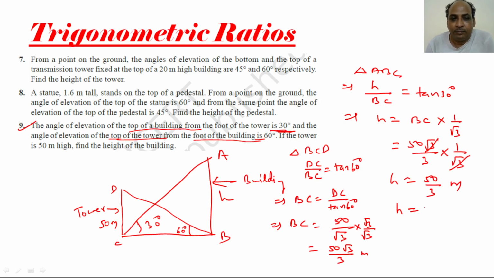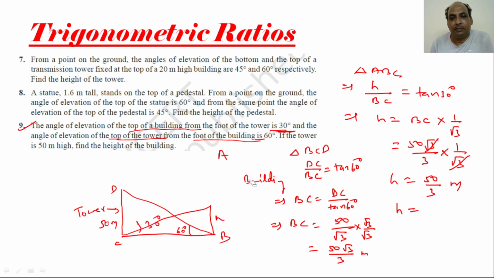Okay. So 50 by 3, even that height of the building is less than the tower. So it means this height will get reduced. Height of the building is this much only. This is H. The building is not taller, the tower is taller, as we see in the society.